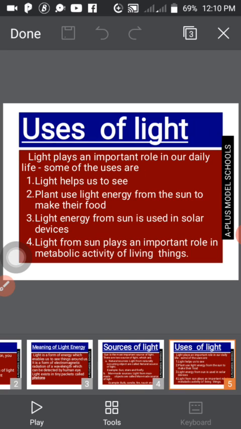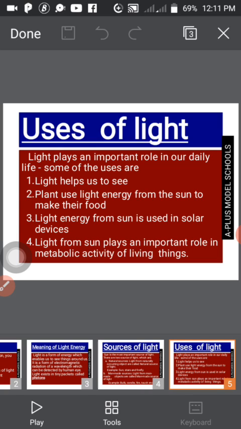Light energy from the sun is used in solar devices. These solar devices are placed along the streets, along the roadside. They give us light, and they trap their energy as well from the sun. That's the reason why they are able to give us light at night.